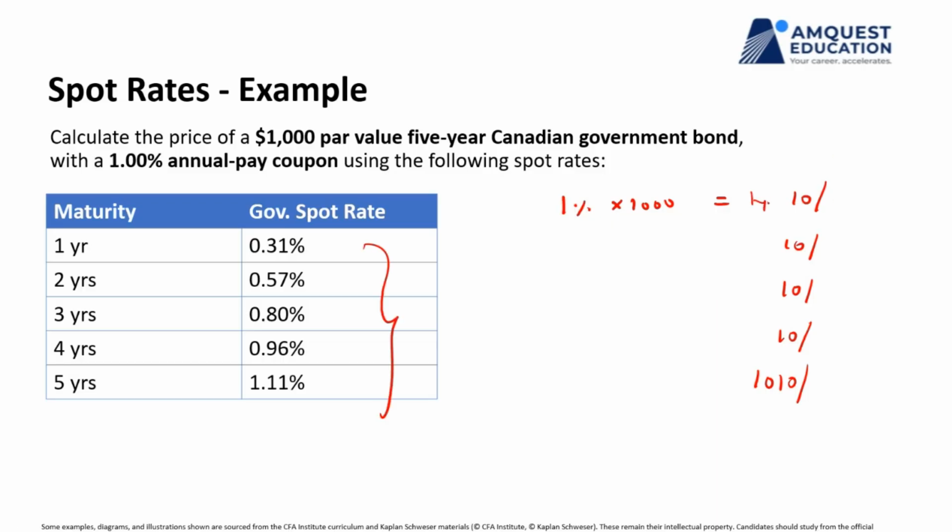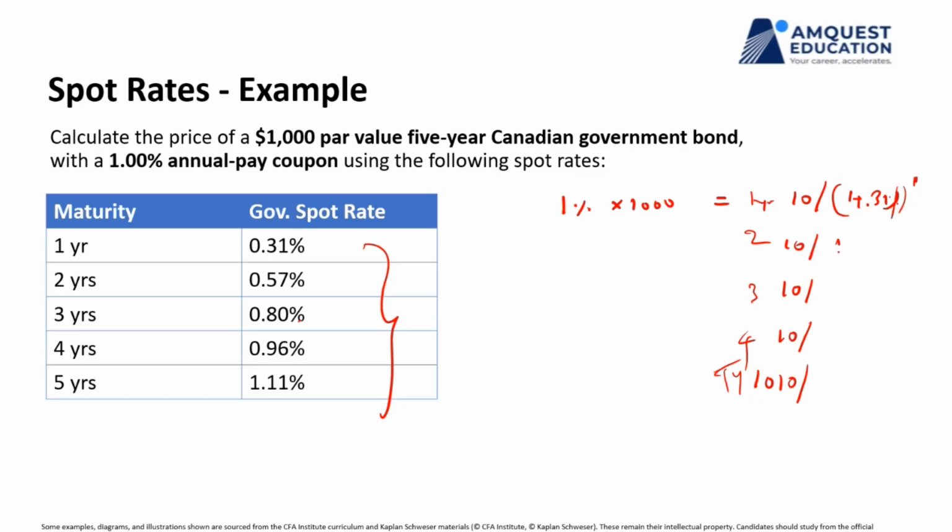For example, if this is 1 year, 1 plus 0.31% raised to the power 1. This is 3 years, right? So we have to identify which of them is the 3-year security. So let's say this is 2-year, 3-year, 4-year, and terminal year, which means we cannot determine today.